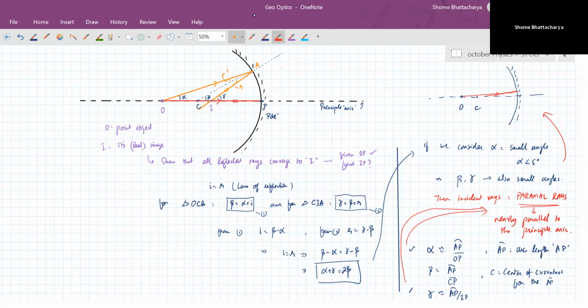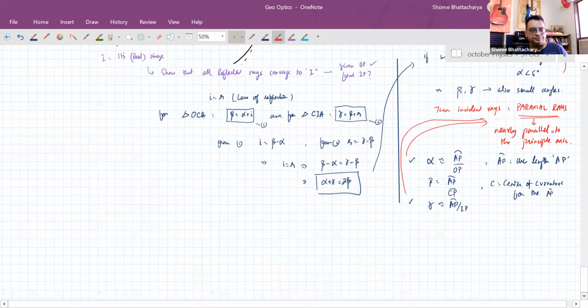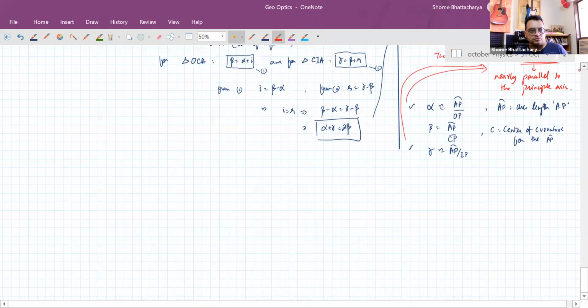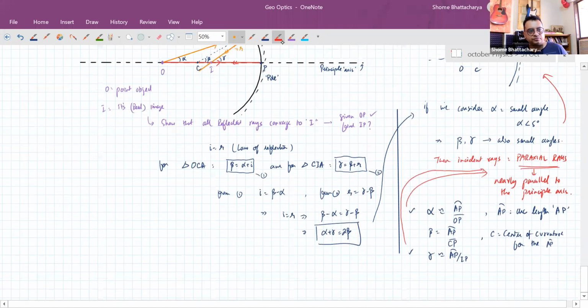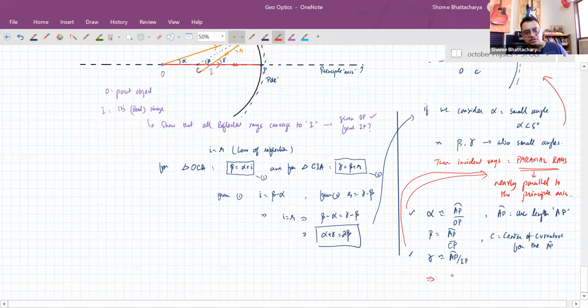Now you can see that if we incorporate these in the formula that we got here, that alpha plus gamma is equal to 2 beta, this implies that arc length AP upon the object distance OP plus the same arc length AP divided by the image distance IP becomes 2 times the arc length AP divided by the distance of the center of curvature CP.